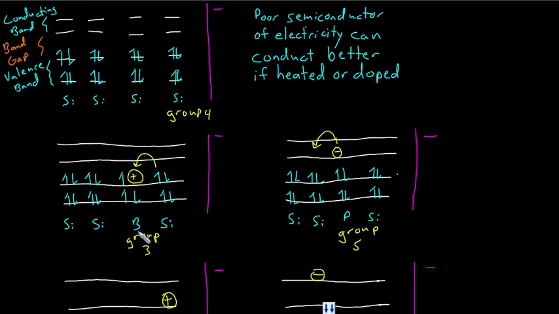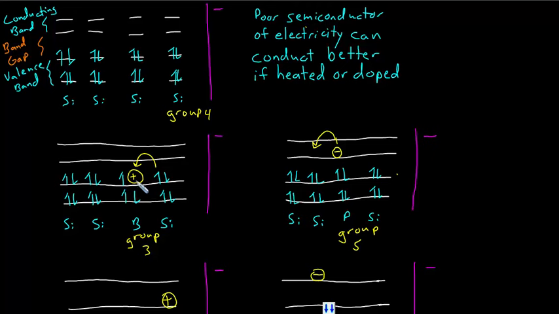That is, to add in or replace silicon with other elements like boron or phosphorus. If you dope silicon with boron, an element in group 3 which has only 3 valence electrons, unlike silicon's 4, there will be an absence of an electron in this position, and hence a positive area.